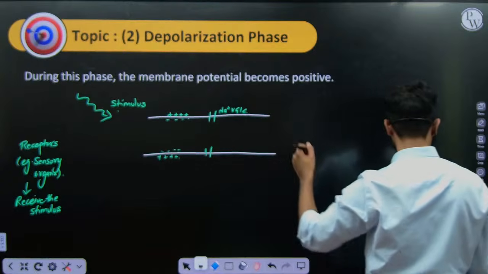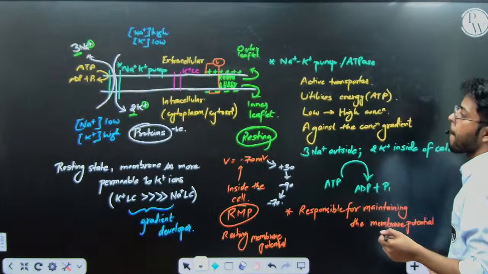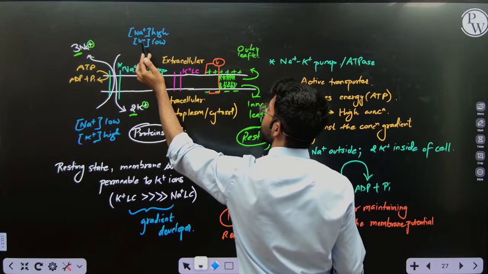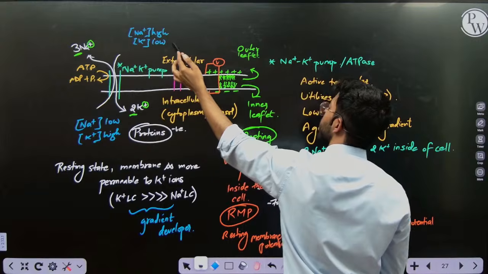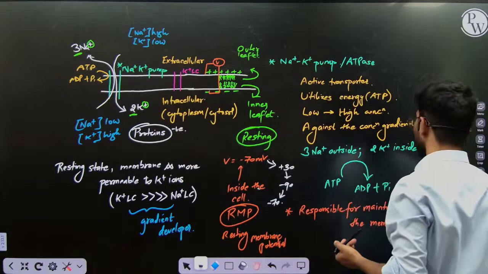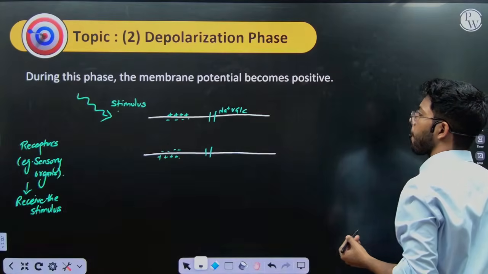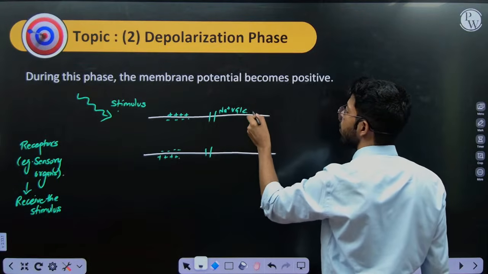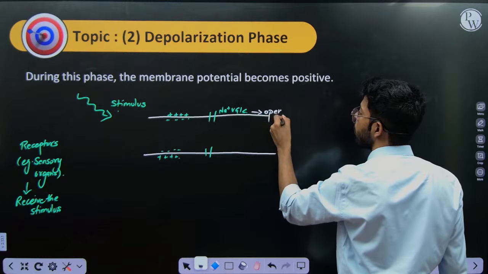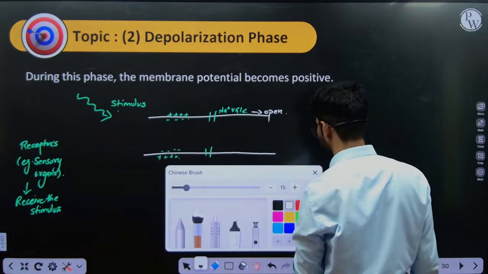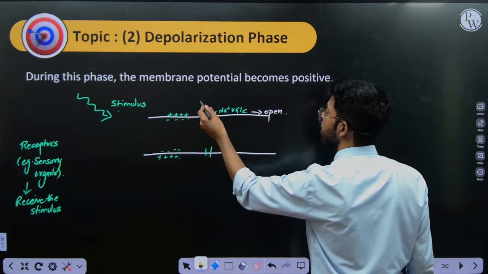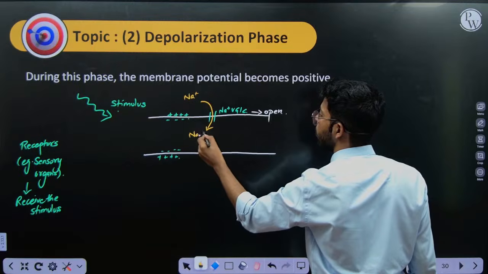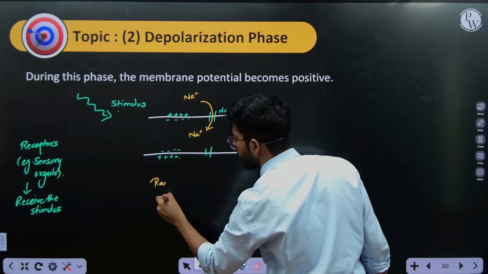As you can see, the sodium ion concentration is always high outside the cell. So when there is a stimulus, the sodium ion VGICs open, and there is a rapid influx of sodium ions.